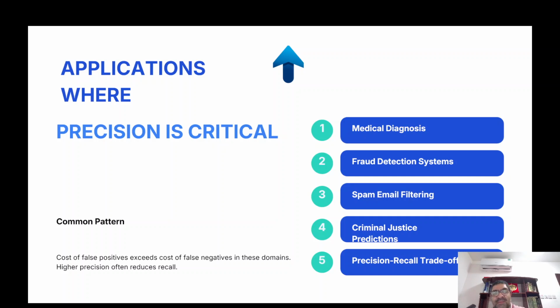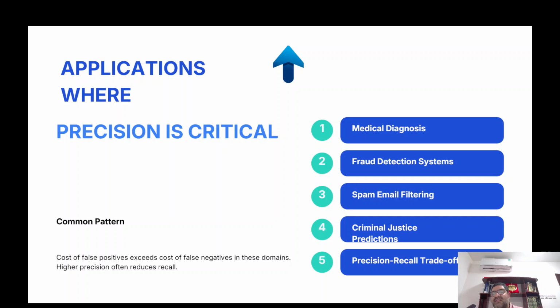Spam email is there, but it is saying that this is a normal email. And in criminal justice prediction, a criminal will be there who will be given as innocent.